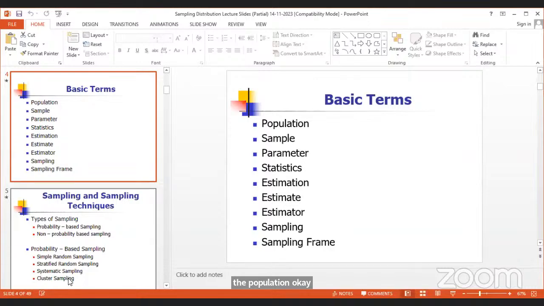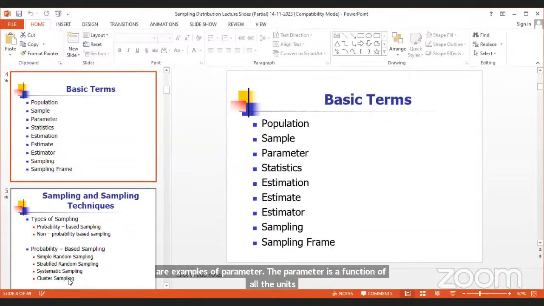Population mean represents the population because it is the average of that population. Population variance, population proportion, and so on. Those are examples of parameters.